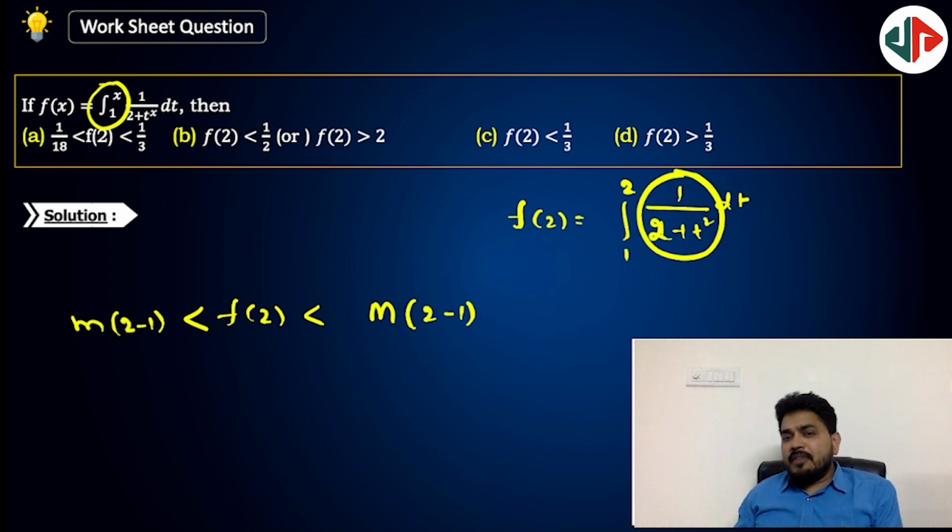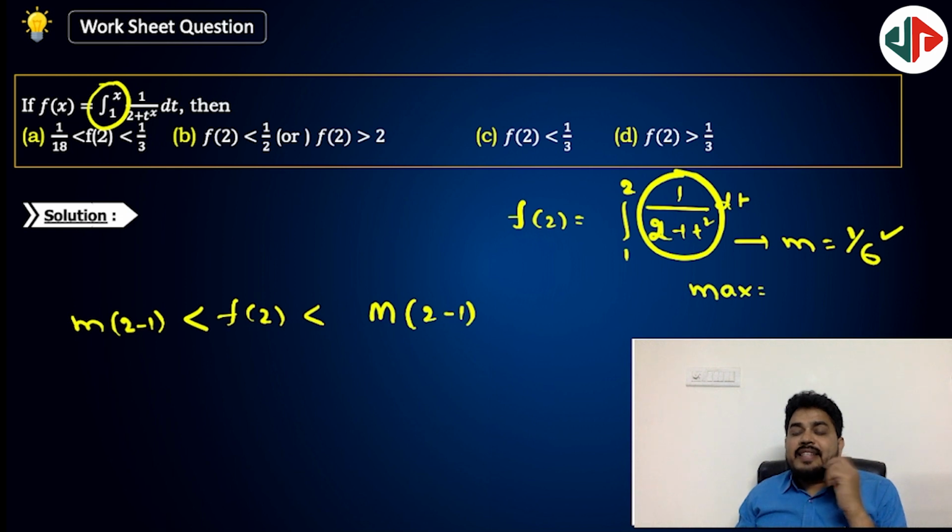So this minimum value is possible when x is equal to 2, which is 1 by 6, because 1 by 2 plus 4 is 1 by 6. Okay, and its maximum value is possible where x is equal to 1. So this value will be equal to 1 by 3.